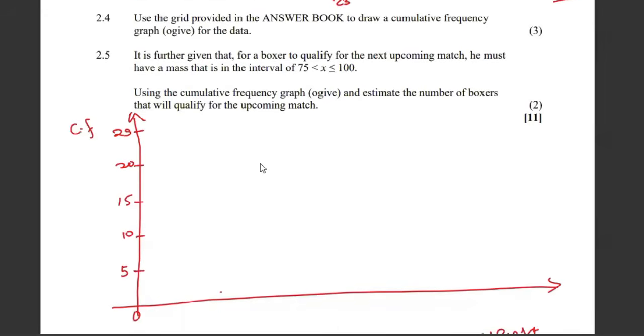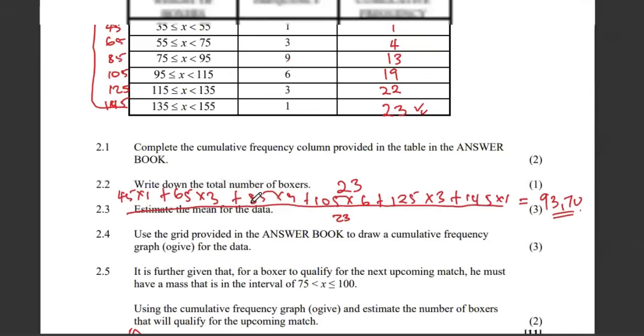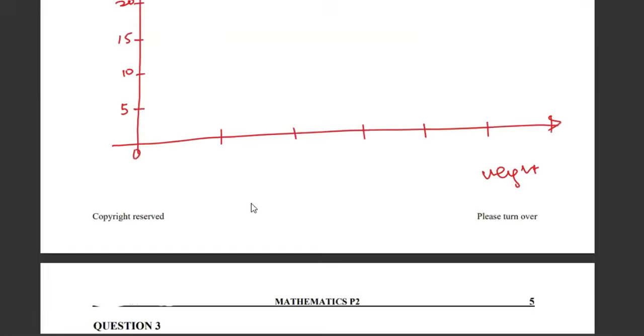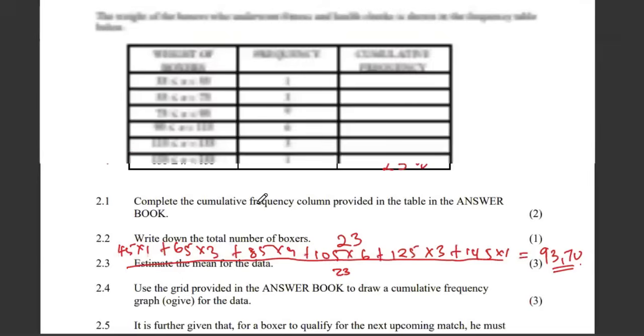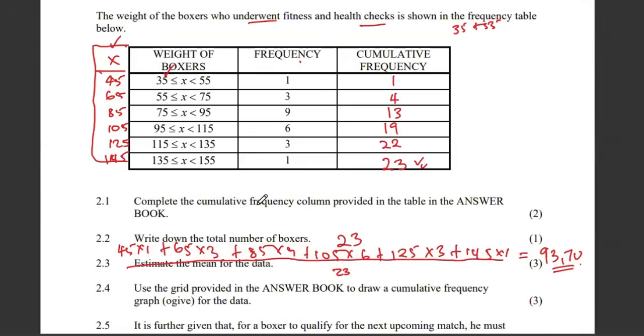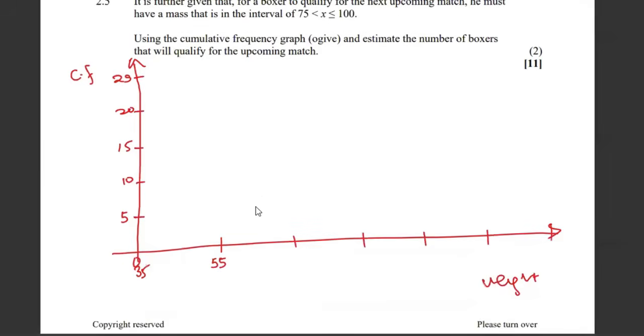So 1, 2, 3, 4, 5, and probably a 6. So now I'm plotting, this is going to be my 35 here. This is going to be my 55. Then 75.